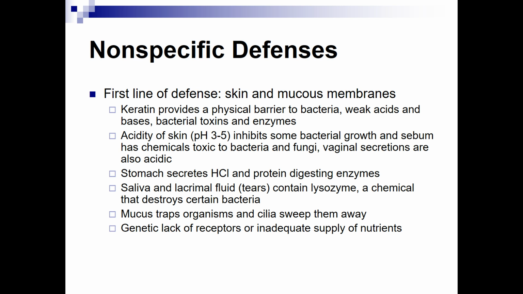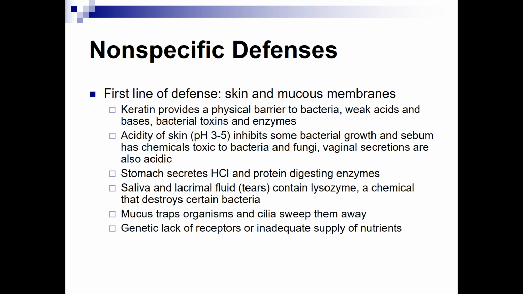It's nasty. Vaginal secretions are also acidic, so that's one of the chemical barriers that we have in our first line of defense, is the acidity that's associated with the skin and vaginal secretions.